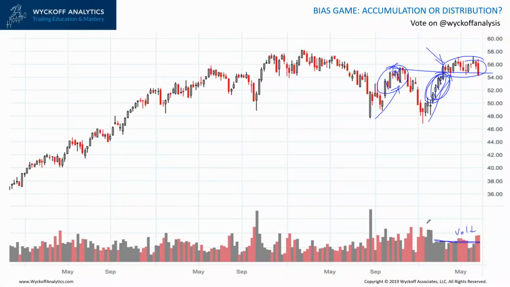So it's almost like we had supply diminution on the way up, and then the volume actually goes even lower. So supply goes lower. So throughout this whole picture, we still end up in the reaccumulation bias.